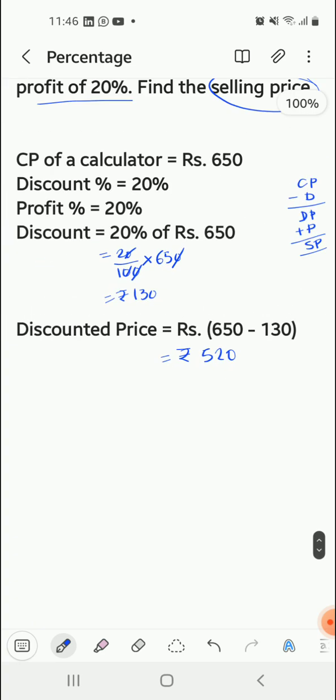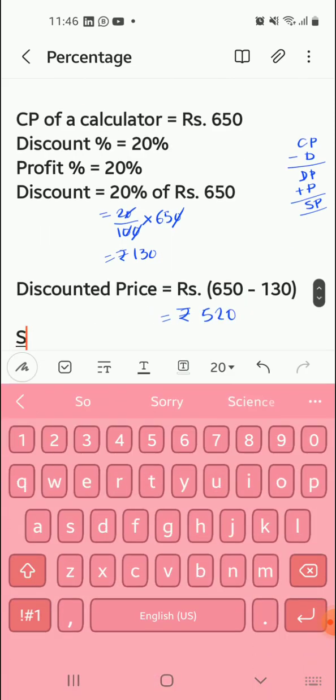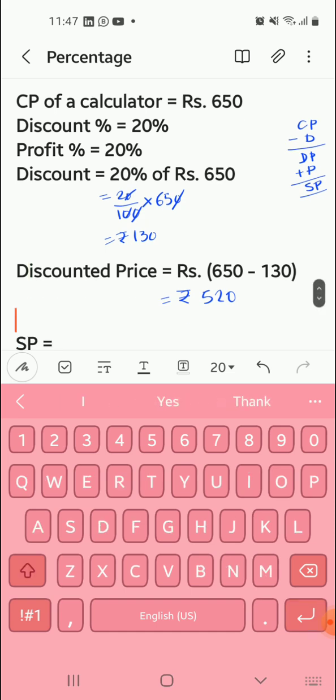Now, once we have found out the discounted price, we have to see the profit percent is given as 20. So the selling price will obviously be SP is equal to the discounted price plus 20% profit on the discounted price, which means first we have to find out the profit, then we'll find out the selling price.